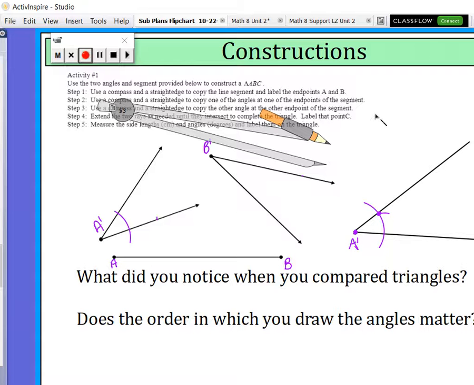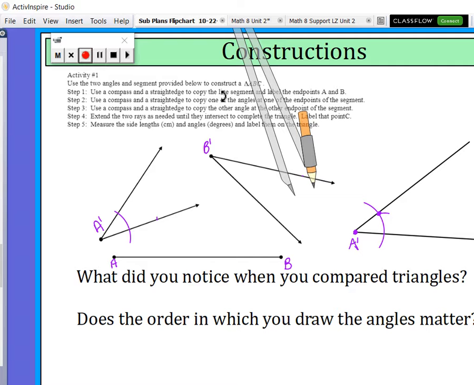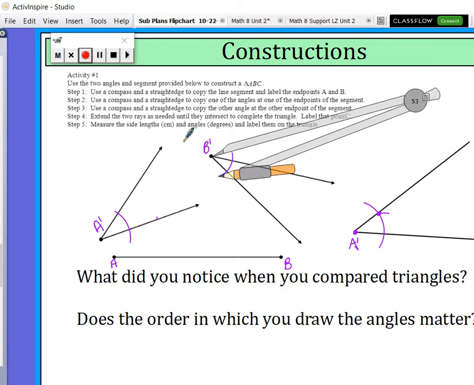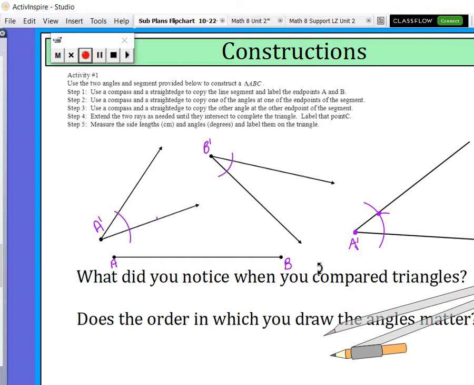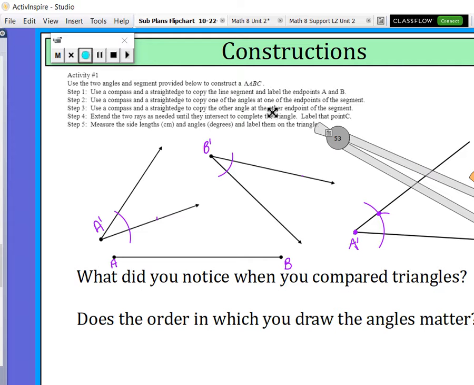Now I'm going to copy angle B. So again, I'm going to need an arc that goes through angle B. So I'm going to take the arc that goes through angle B, and I'm going to copy it over to my other side of my segment AB. Draw your arc.